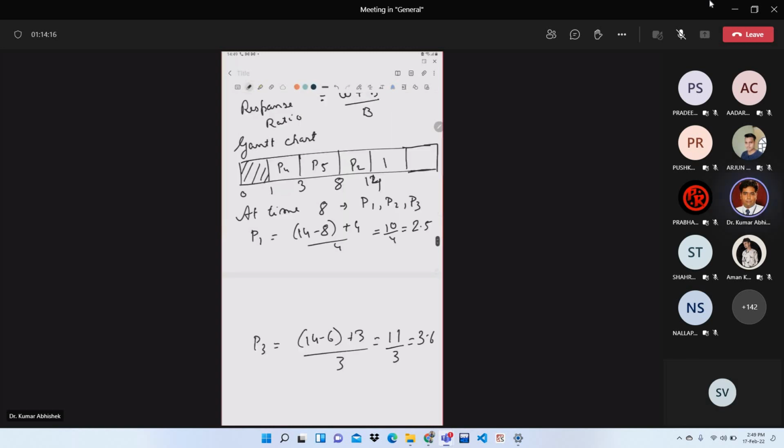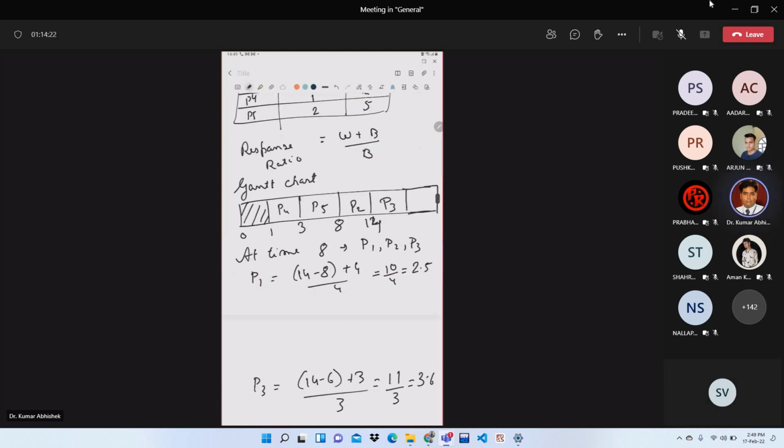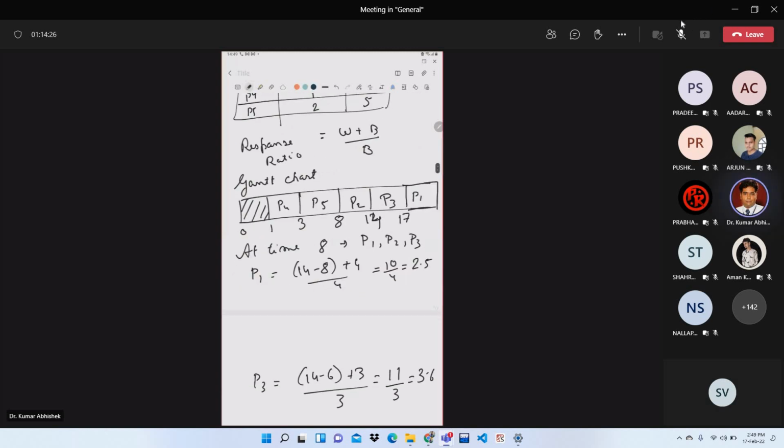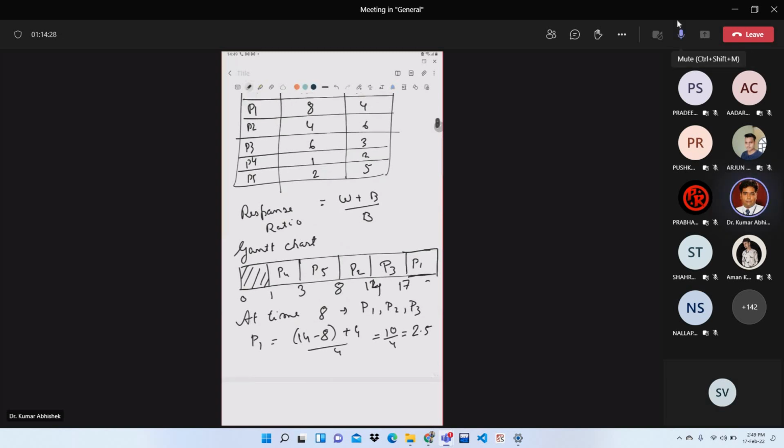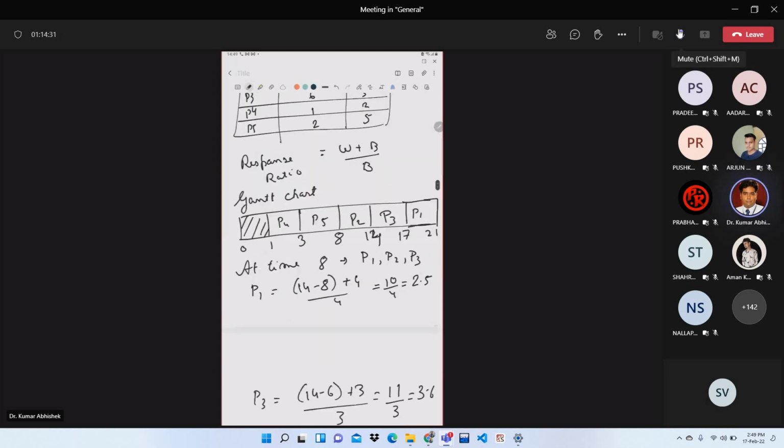So P3 will work till 17. Then P1 till 21. This will be your Gantt chart.